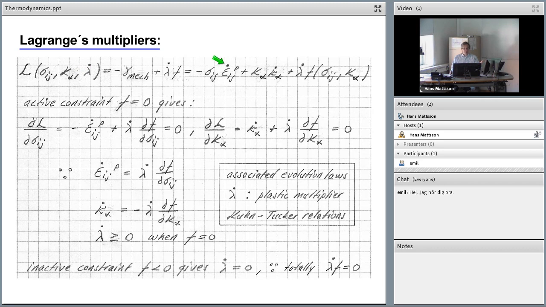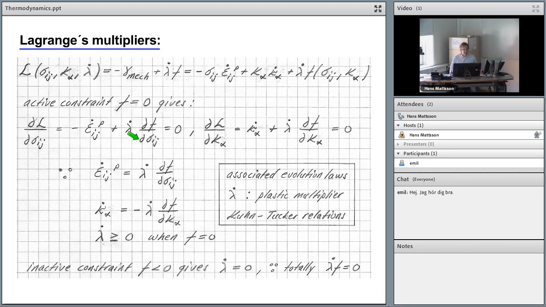It looks like this if we write out the Lagrange function that we should use for minimizing this problem with a constraint. The active constraint f equal to 0 gives, if we take the partial derivative of this Lagrange function with respect to the stresses, this result here. You have stresses both in this term and this term, so you end up with this result, and that should be equal to 0 according to this Lagrange mathematics.